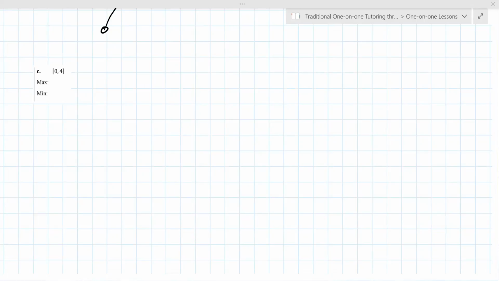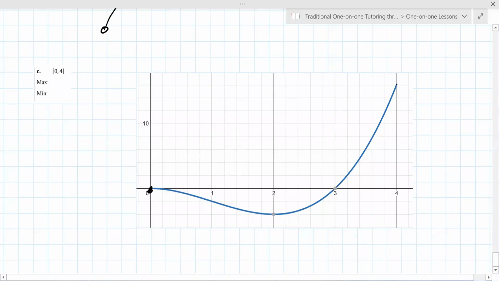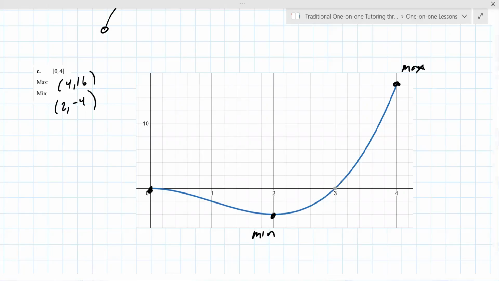On your side, you want to change your window and look at it again. Here, this is filled in and this is filled in. So the max is definitely there, but the min is now down there. Max is 4, 16. The min is 2, -4. Yep, that's what I got.